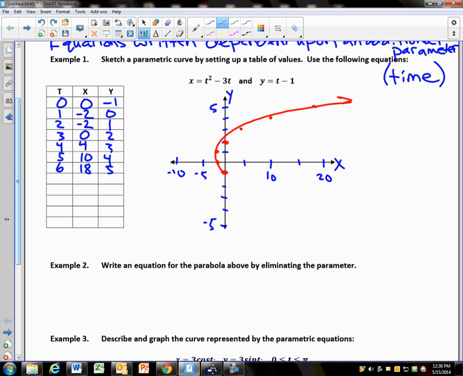Tell me something interesting and intelligent about the shape. Scott? Okay, it's a parabola that's horizontal as opposed to vertical. Any other thoughts? That's what Apollo 13 did around the moon. All right. We're kind of missing part of it, aren't we?